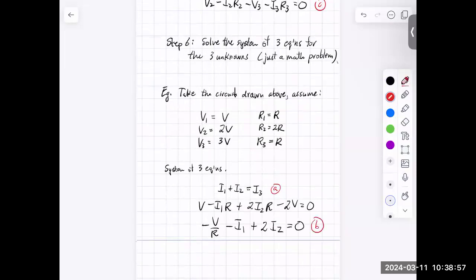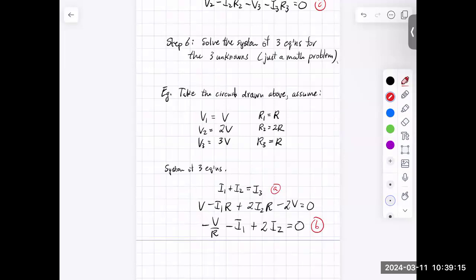And that's now our equation B. Okay, so it's just the same equation B above, where we made those substitutions for the voltages and resistors. And then I just combined V minus 2V to be minus V, and then divided everything by R.